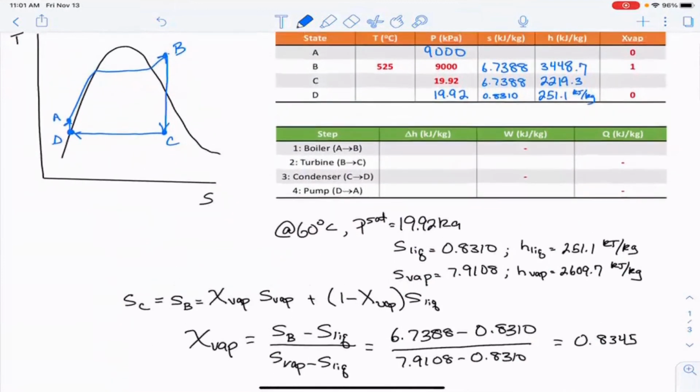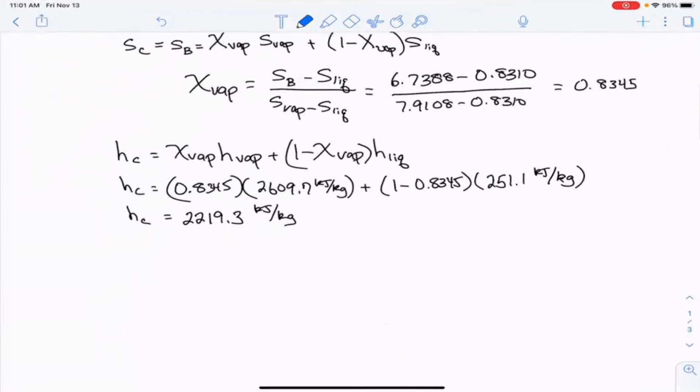Okay, so if you remember from the last lecture, delta H for stage 4, which was D to A, that's the pumping step, right? So that equals delta H of the pump, and that equals the specific volume, which we've said is approximately equal to a constant, times the increase in the pressure.